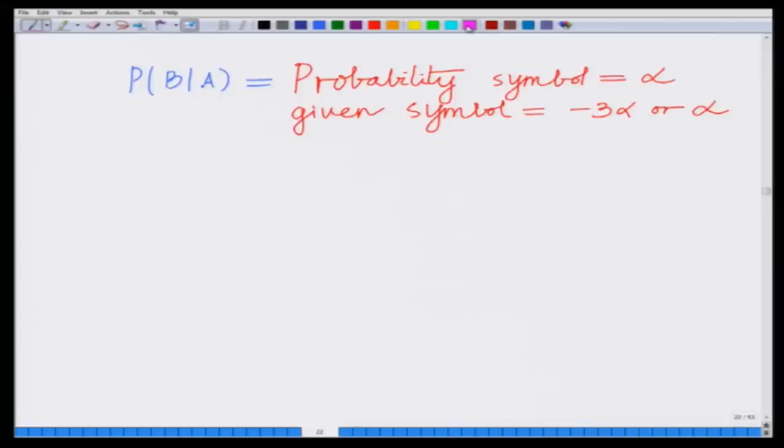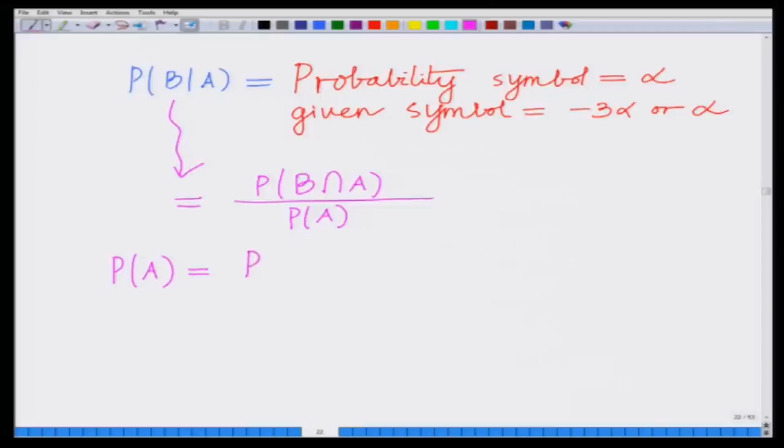And what is the probability of B given A? Remember, from the definition, this is equal to the probability of B intersection A divided by the probability of A.